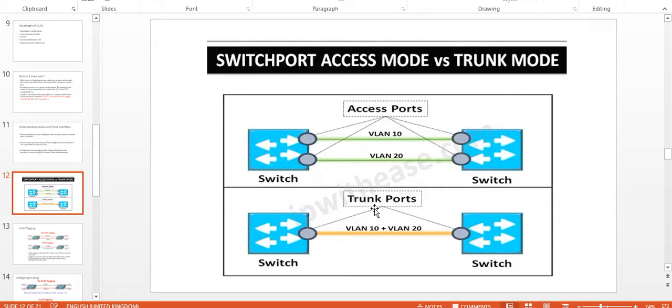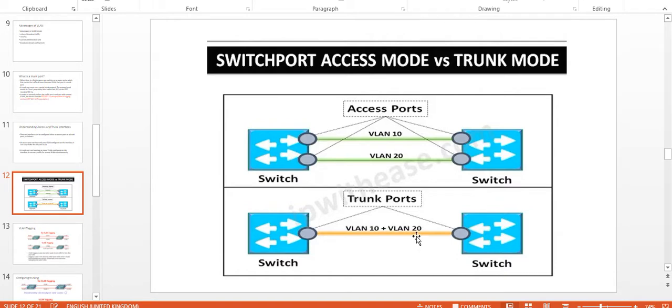If you have, let's say, 5 VLANs, all of the 5 VLANs and the systems on that specific VLAN can communicate with each other, only with each other. A system of VLAN number 10 cannot communicate with VLAN number 20. But yes, VLAN 10 systems can communicate with each other when your two switches are connected with the help of your trunk port commands, right?